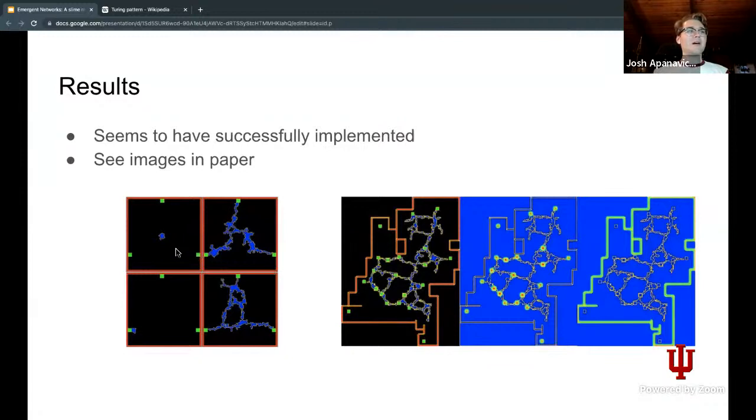So he talks about how, in literature, real slime molds have been able to recreate minimally spanning trees. And so he tested that. I don't know how familiar everyone is with minimal spanning trees, but this is one with 3 nodes. So that's pretty promising. And then on the right, this is a more complex food system.